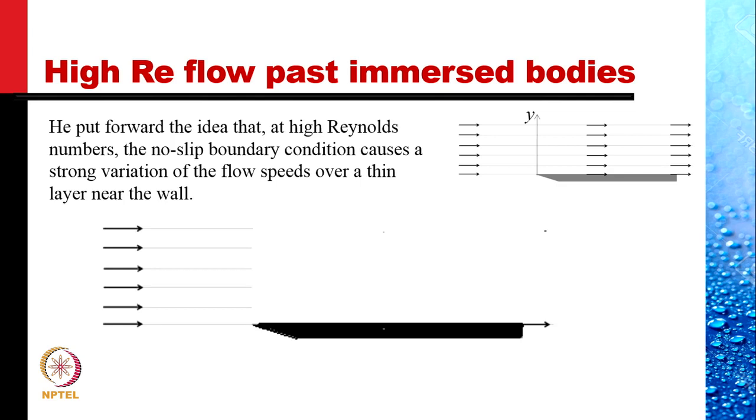So, in the actual flow, the no-slip boundary condition of the plate is satisfied, but there is a sharp variation of the velocity in a very thin layer near the plate.